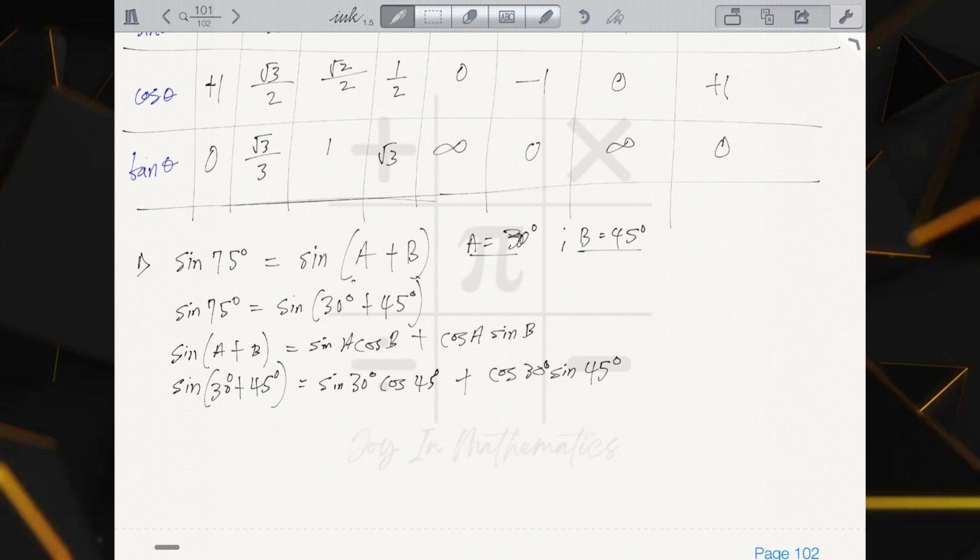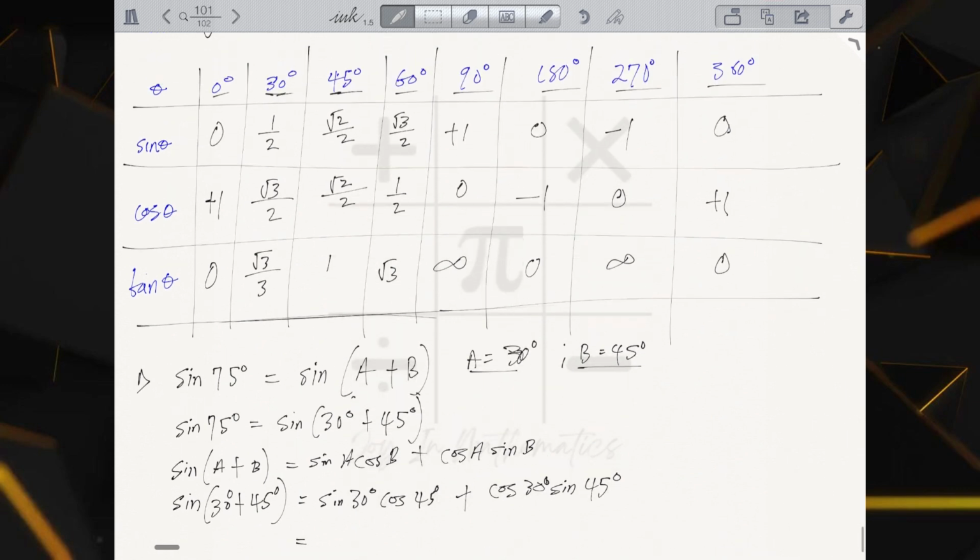In view of this, let's look at the table and finalize the example. Sine 30 degrees is 1 over 2.